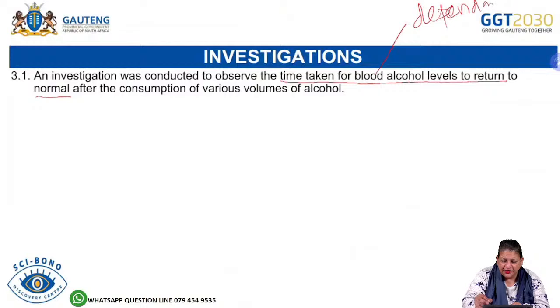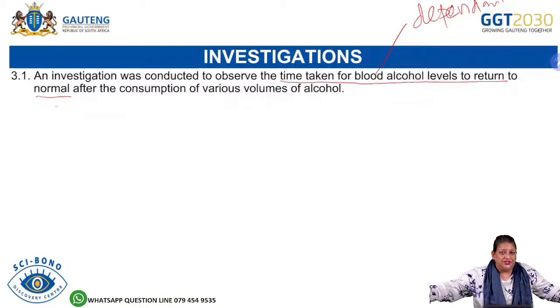That is what you can't control. You don't know how long it's going to take. So what you don't know and needs to be measured is going to be the dependent variable on your y-axis.